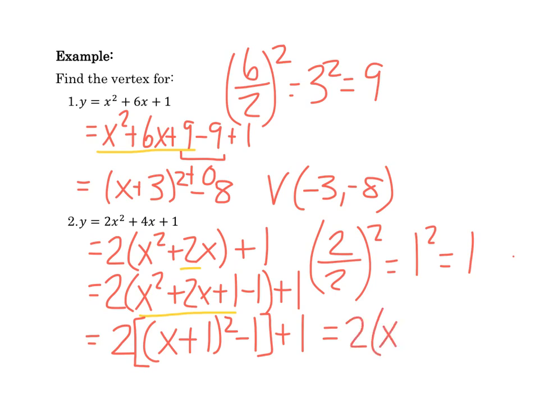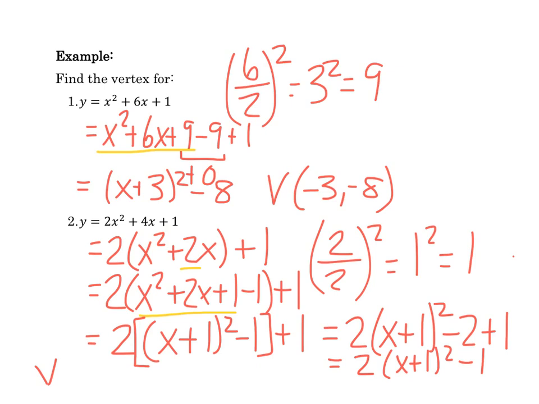So 2 times x plus 1 all squared minus 2 plus 1. And we end up with 2 times x plus 1 all squared minus 1. And now we've converted to vertex form, and we can see that the vertex for this parabola is going to be located at negative 1, negative 1.